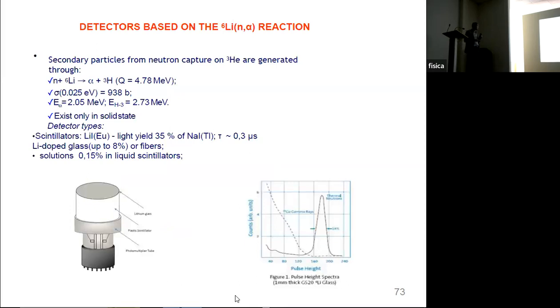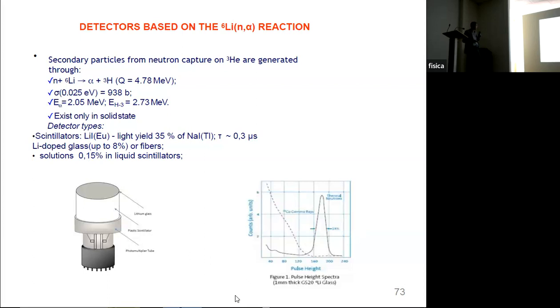Lithium is also used, but it's impossible to use this material inside proportional counters because it exists only in solid state. There are some ways to exploit it. For example, to add lithium into a scintillator, and of course lithium enriched to lithium-6.